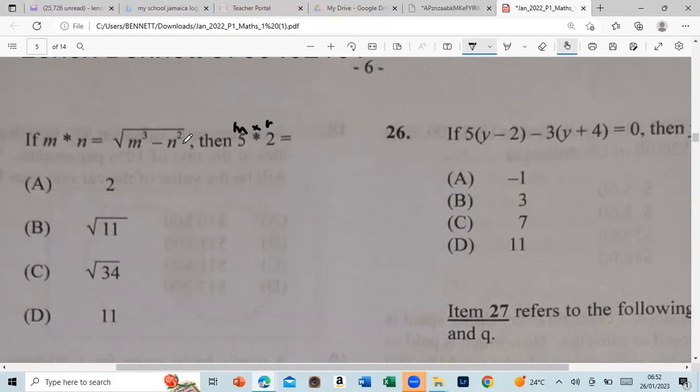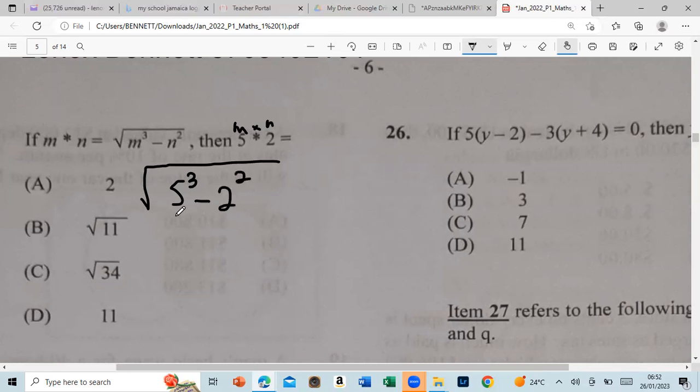So what we're going to do is substitute the values in this. It's going to be 5 to the third power minus 2 to the second power.